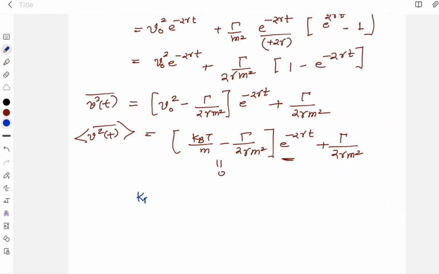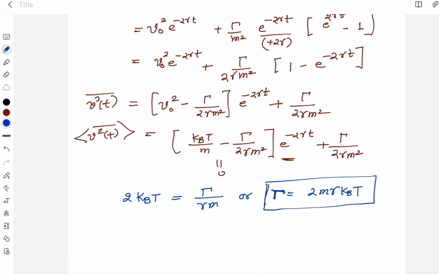So kBT over m must be equal to the noise term over 2 gamma m square, or the strength of the noise must be equal to 2m gamma kBT.